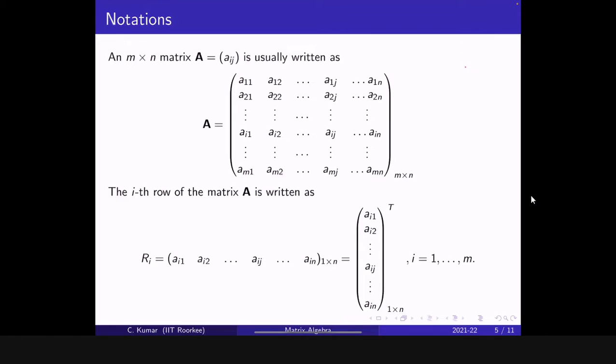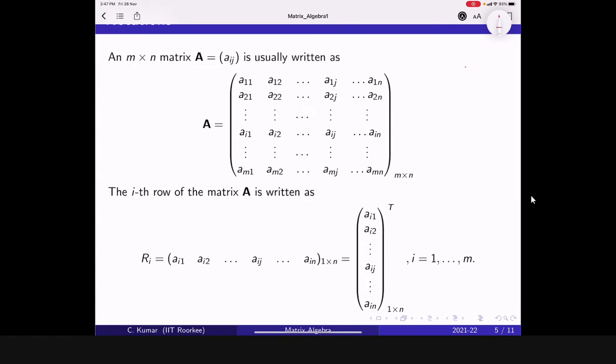Okay, so let us see some notations now. We are going to denote a matrix by this bold letter A. The order of the matrix is m by n. M means the number of rows, and n is the number of columns.